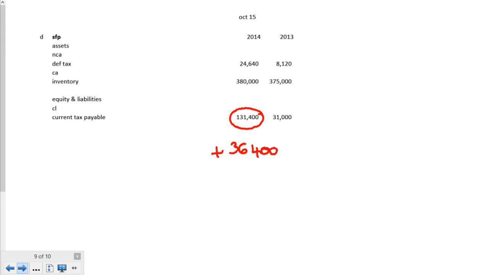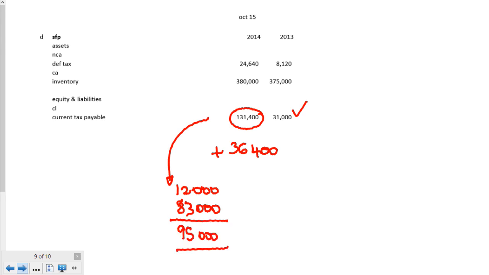So if we read the T accounts, T account for SARS, opening balance 31, closing balance 12. So that number is 12. Then for Namibia, opening balance nothing, closing balance 83. And then I took this 95 and I added the 36,400 and I got to the 131,400.